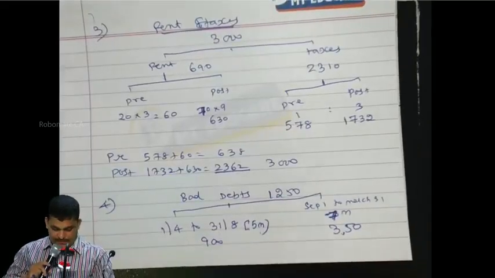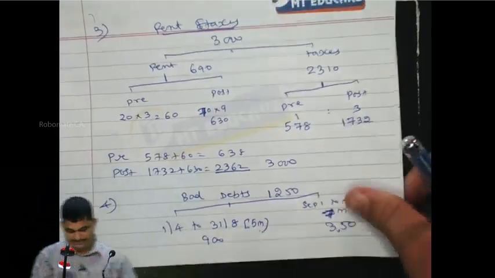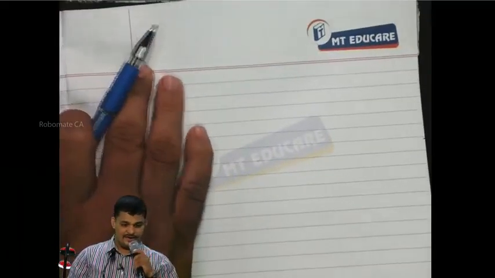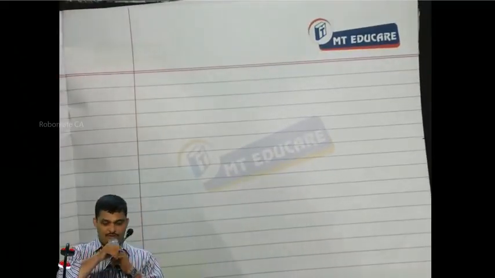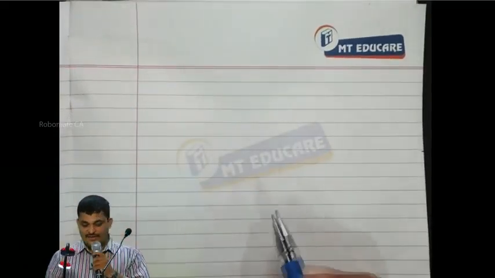It is 900. 900 will be apportioned in the proportion of sales ratio.